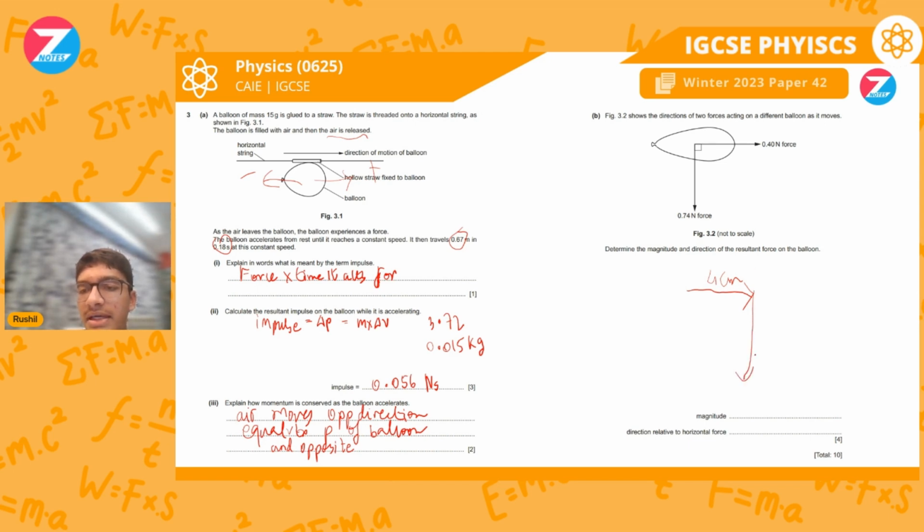Then we draw a line downwards of 7.4 centimeters. Then from the starting point, we join the ending point of this line. So this is our resultant force vector. So direction would be this angle relative to the horizontal force, which would be a line like this. So this angle, when we measure it using a protractor or trigonometry, is going to be the direction, and the magnitude will be this line.